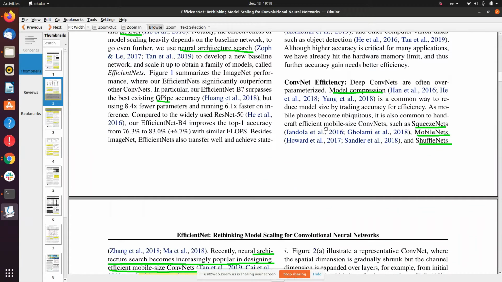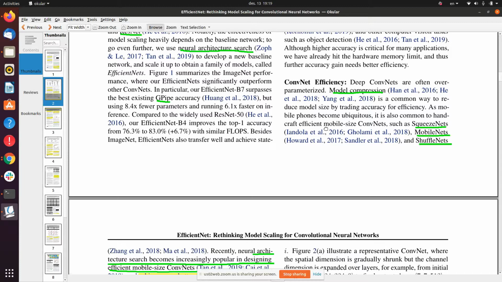But in the next section, they studied in this literature how we can make things efficient, in the sense, is there any possibility to reduce the model size? For example, we can apply quantization, something they call model compression.